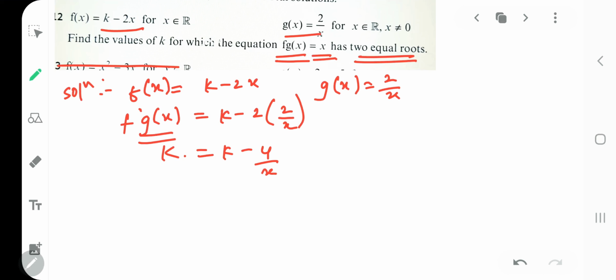Let's see what we can do. You have to find g(x) and put its value in f(x), because it is f of g of x. So I put g(x) into the function f(x), and it is given that f(g(x)) is equal to x and has equal roots. Find the value of k. I have to write x here. Clear? So I'll get something like this.